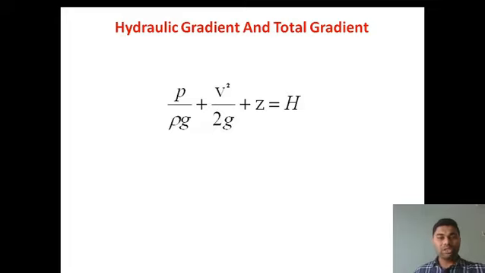Bernoulli's equation, which we covered in Fluid Mechanics 1, says that the total energy at any point remains constant. So the total head is P by rho g plus V square by 2 g plus Z, which is nothing but the total head.